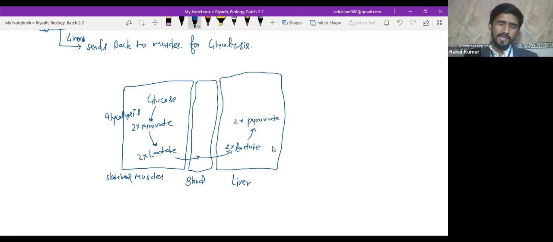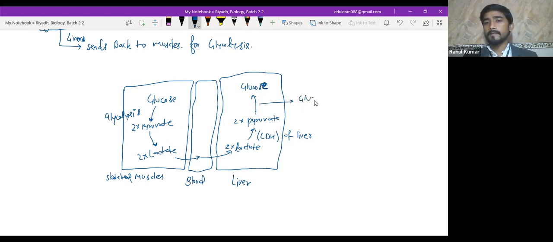And which enzyme is used here? Liver LDH, lactate dehydrogenase. And this pyruvate is again converted back to glucose. Okay, 1 glucose. And what is this process called? Gluconeogenesis.